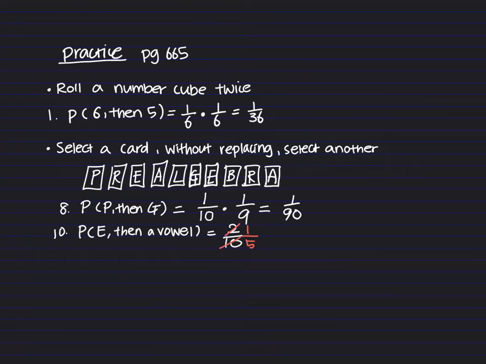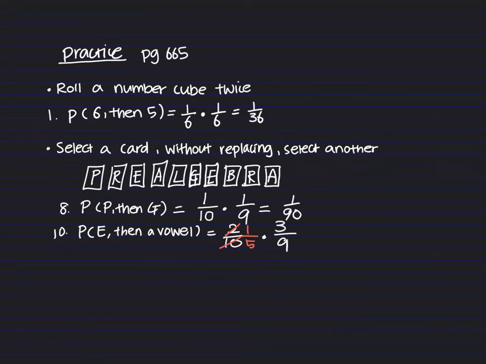Now I have to find the probability of finding a vowel for the second round. For the second round, because I already picked one card, the total number of cards will be 9. And even if I choose an E for the first round, I still have another E, and I also have A and another A. So I will have a total of 3 vowels that I can choose from after picking an E.